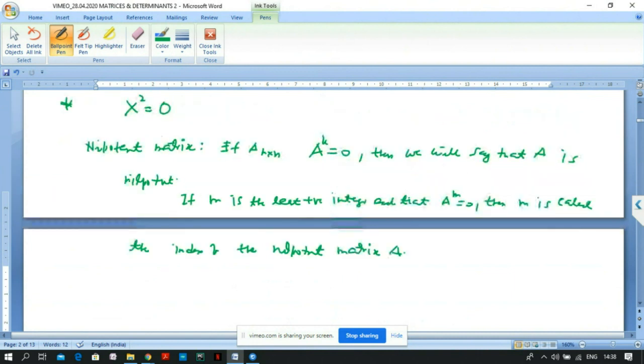So essentially we are looking for x square equal to 0, which means we are looking for a matrix X such that X is nilpotent and of order 2 by 2.